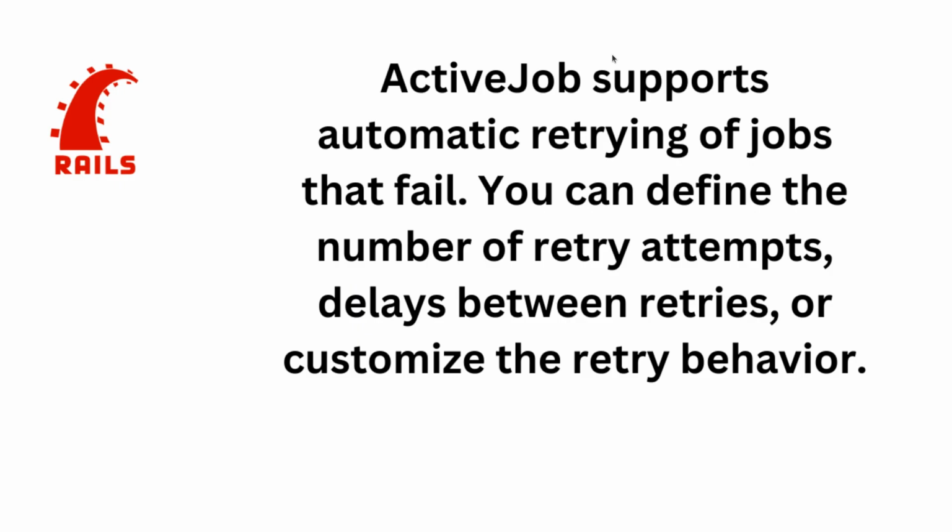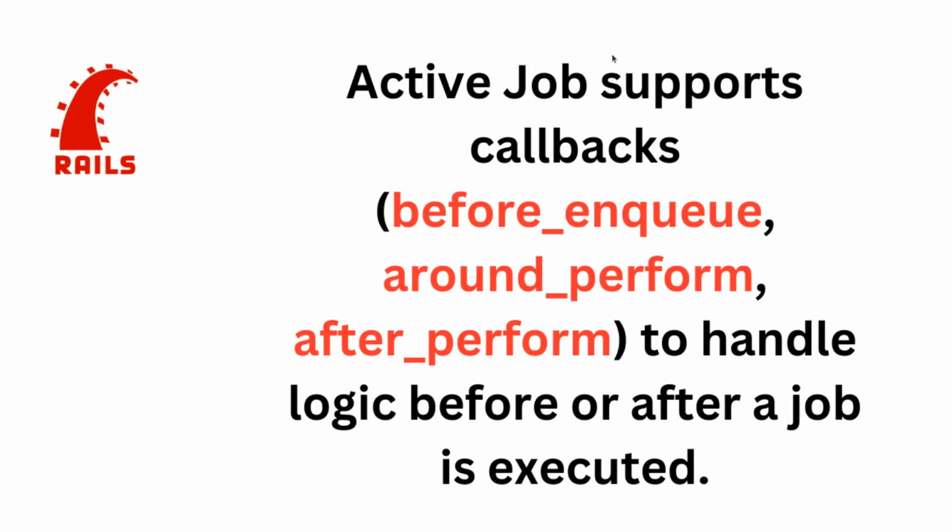You can set a retry limit, like if this job fails, then retry this job again after 5 seconds or 5 minutes. So you can set those retry attempts and retry duration. Retry attempts mean you can say that this job should be retried at most 5 times, and after that it should not retry. So you can set those things in your active job.